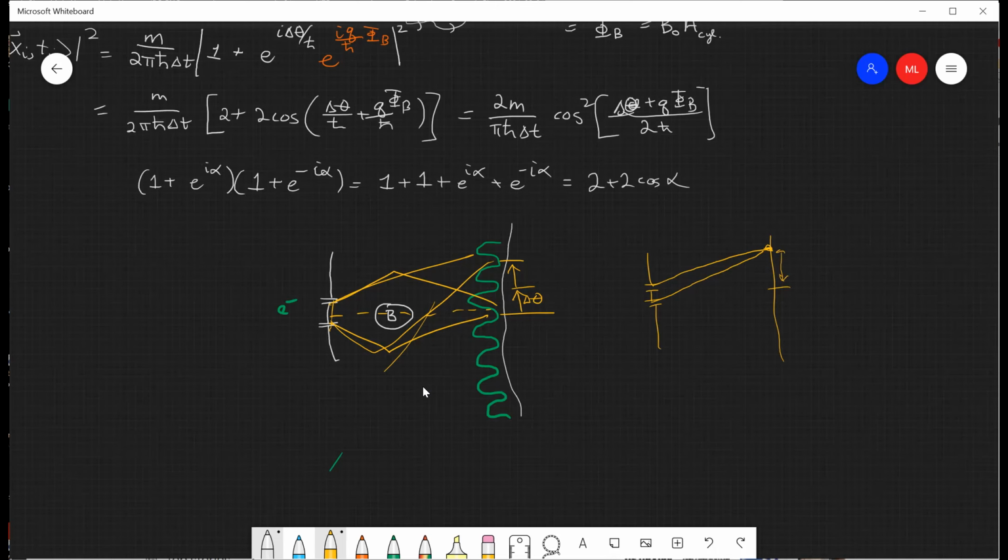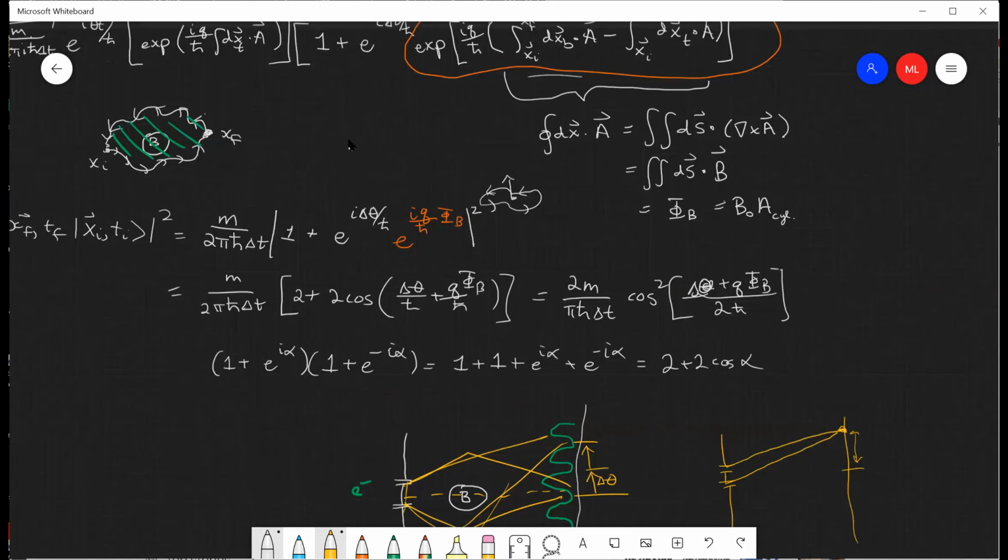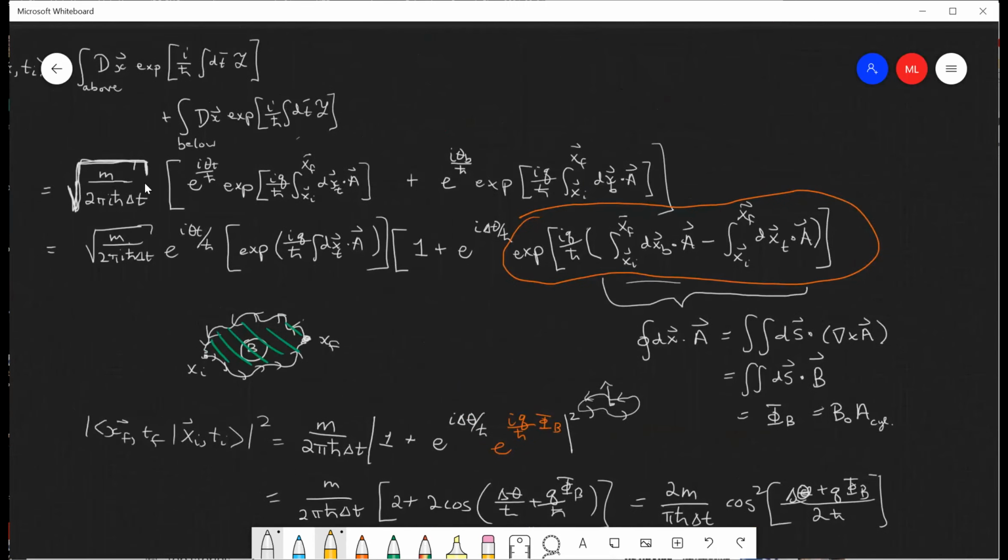And maybe in next recitation, if there's interest, I can calculate the two-slit thing exactly and put in all the parameters, but I normally just don't do that. The thing I want you to recognize is just this: you have paths on the top and the bottom, and the relative phase difference depends on this magnetic flux.